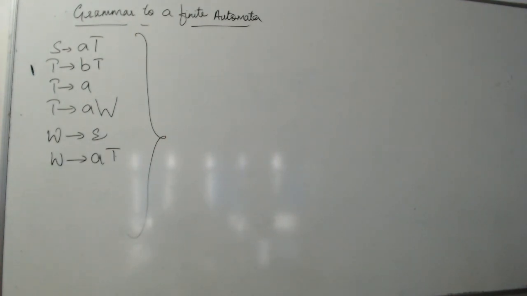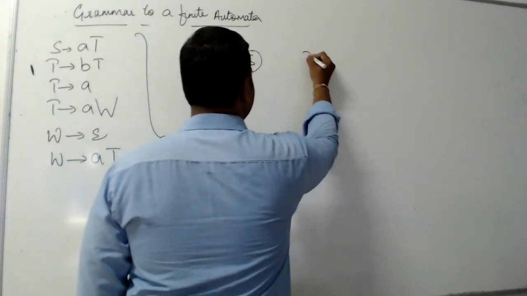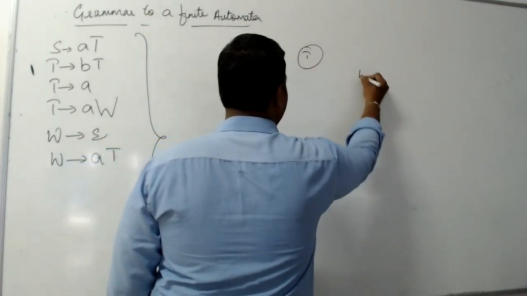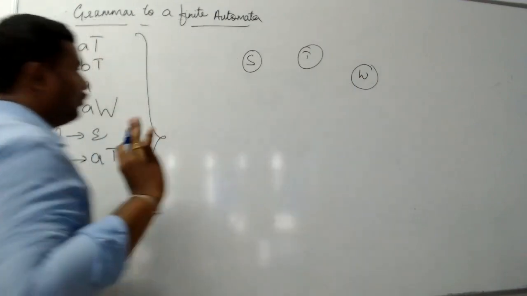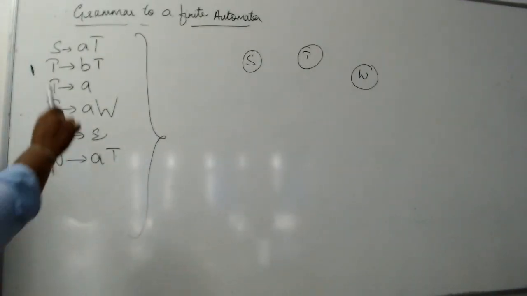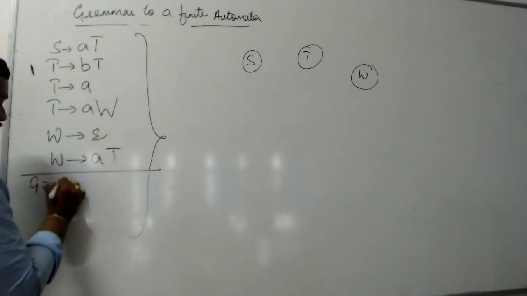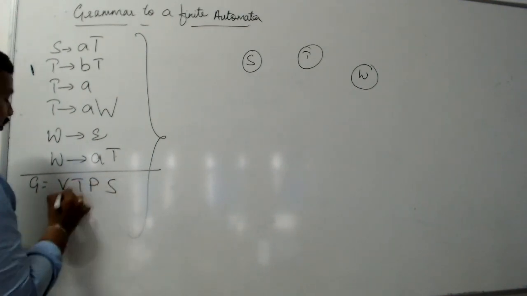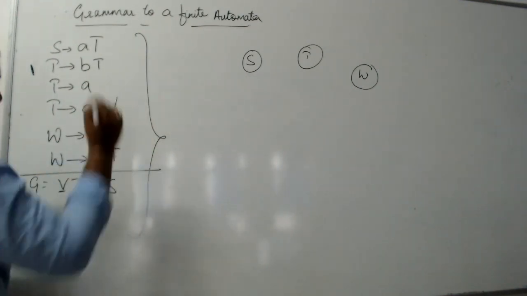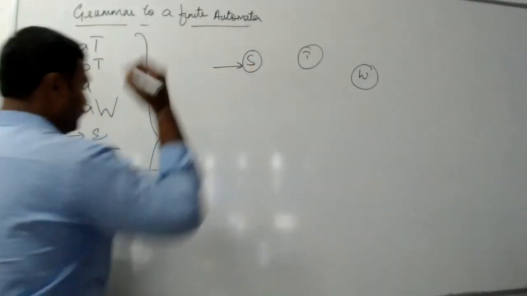Okay. First thing, the grammar has three variables S, T, and W. More variables are there, so I have written the variables here. First, three variables S, T, W. I have written all three. Right? So next procedure, the next symbol, what was it? Before this, what should I do? G equals to V, T, P, S, right? So the non-terminals come. Next procedure was the start symbol. Which is it? S will be your start symbol.